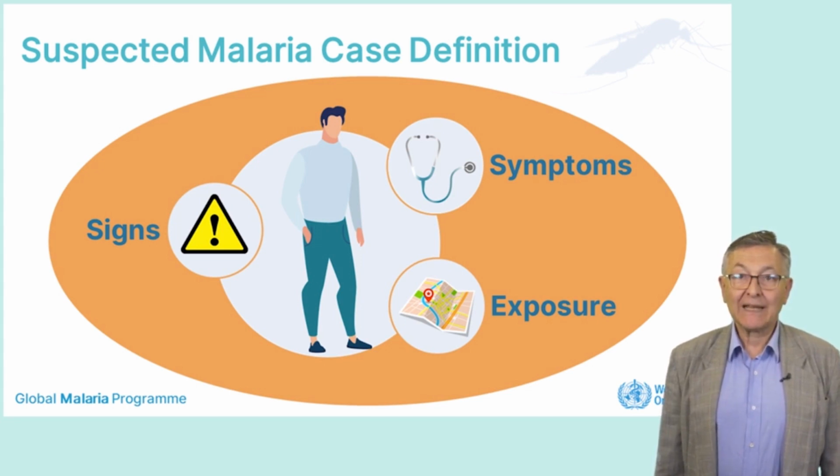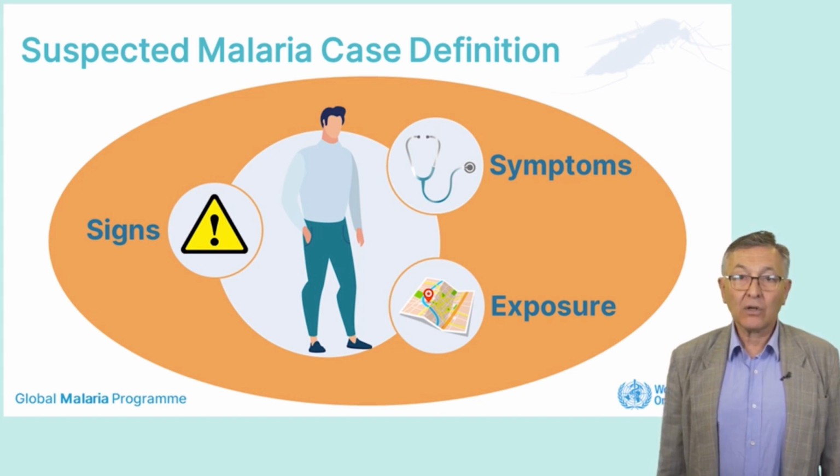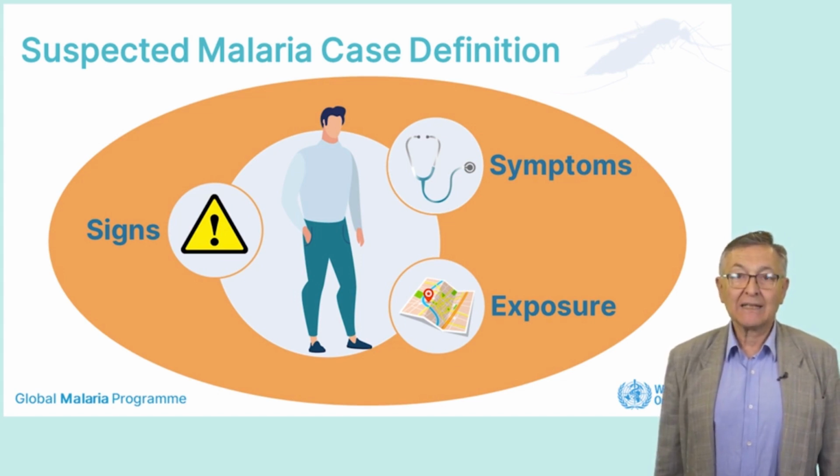The suspected case definition is usually described in the national or regional surveillance or case management guidelines. All health workers who could potentially identify suspected cases should be trained in application of the definition, and refresher training on the topic needs to be conducted at regular intervals.